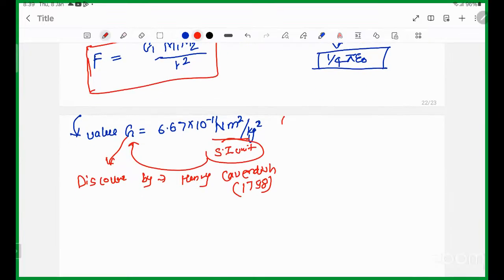In case of the electrostatic force, the SI unit is coulomb.